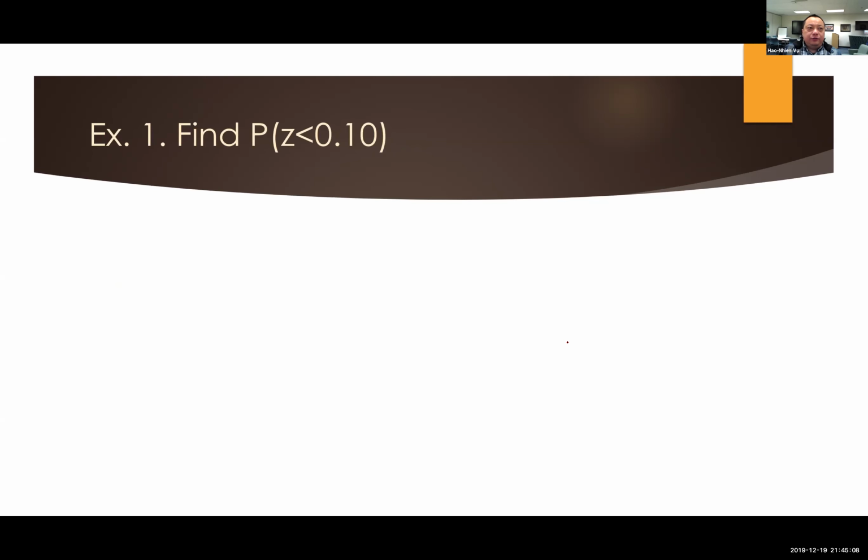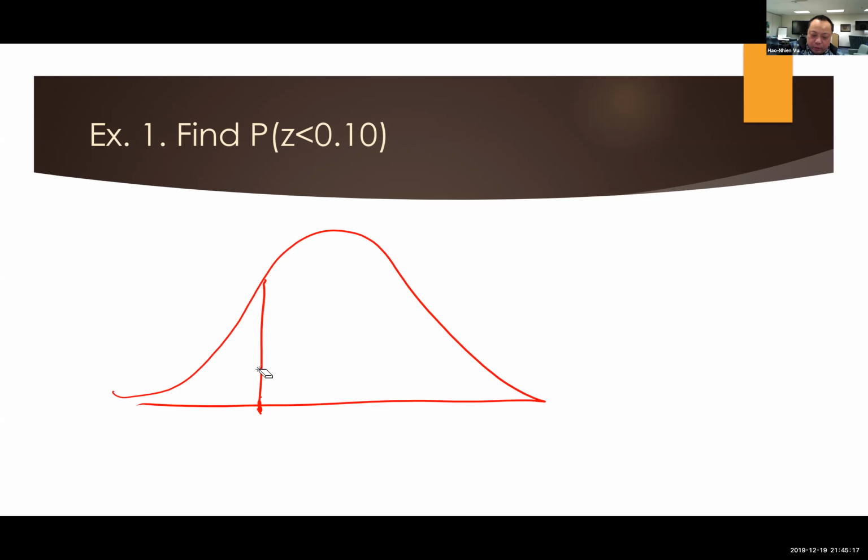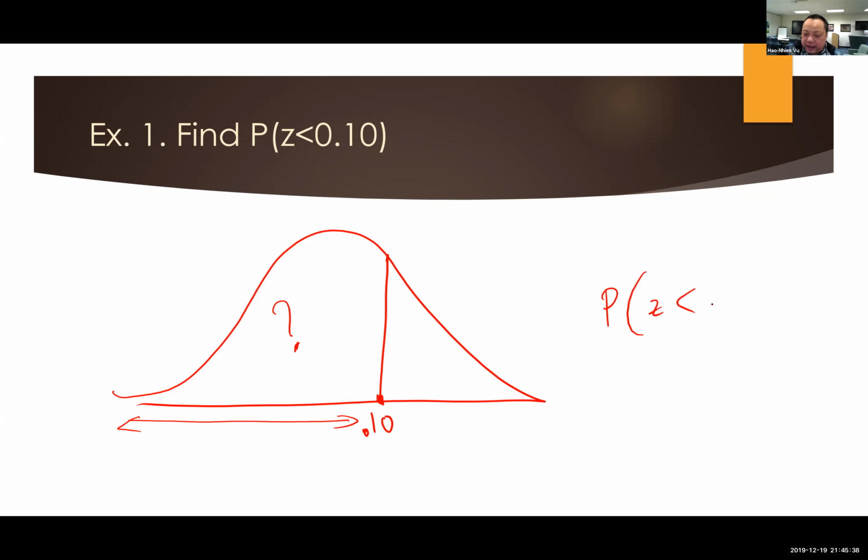All right, so now let's do this again. Find the probability that z is less than 0.10. So we have our graph like this, and 0.10 is somewhere around here. Z is less than 0.10, so z is somewhere here, and we're looking for this number. If you compare this with StatCrunch, it's equivalent to having this 0.10 as the given number, and then we're looking for this value, the area, okay?